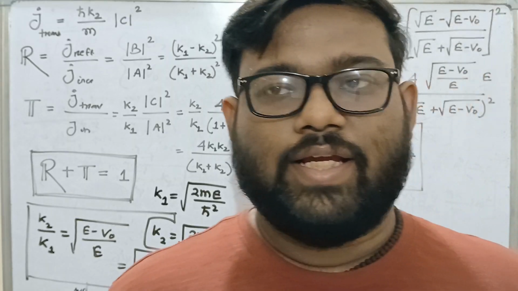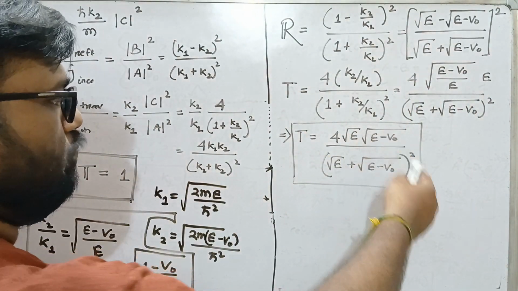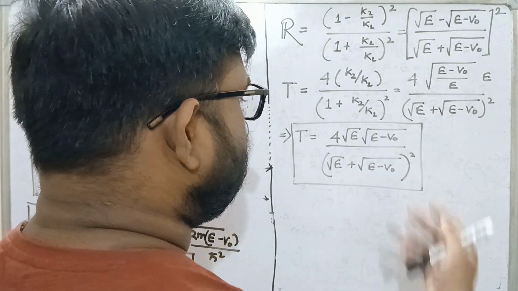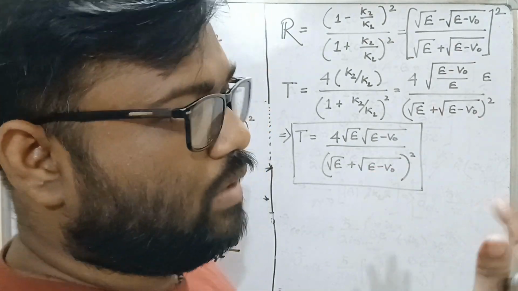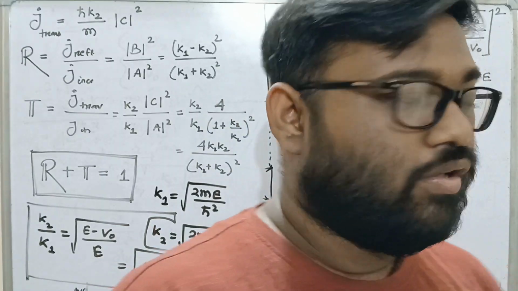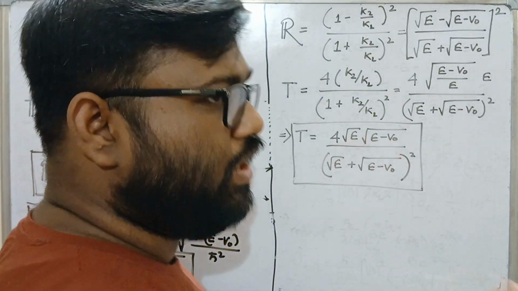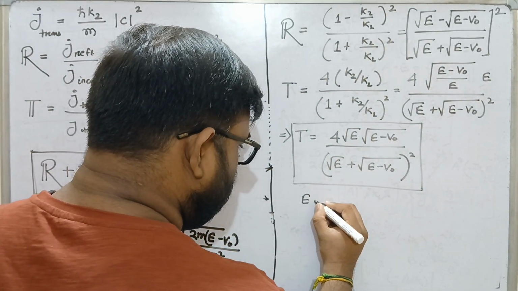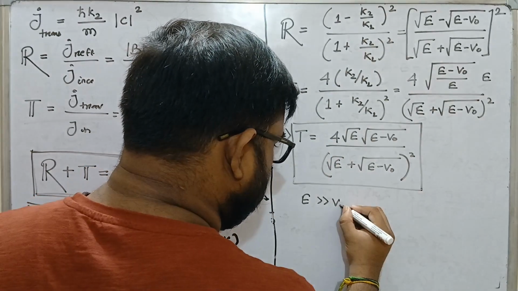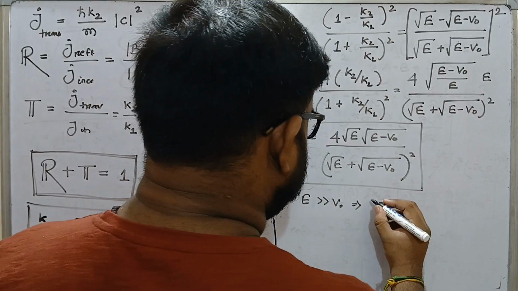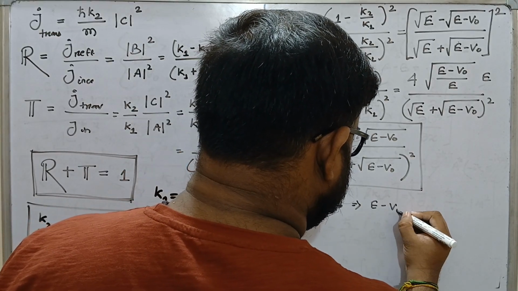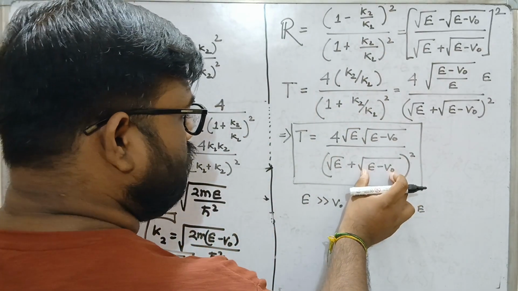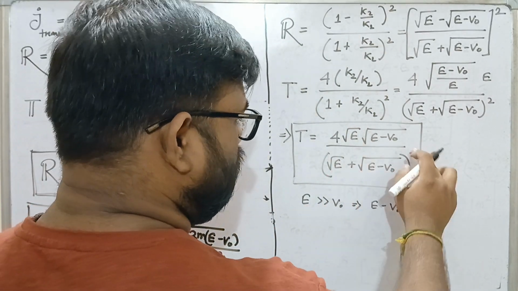Well, in that case you have to assume E minus V naught to be E. So for E much greater than V naught, E minus V naught is close to E. So now this will be 4 root E times root E by (2 root over of E) whole square.